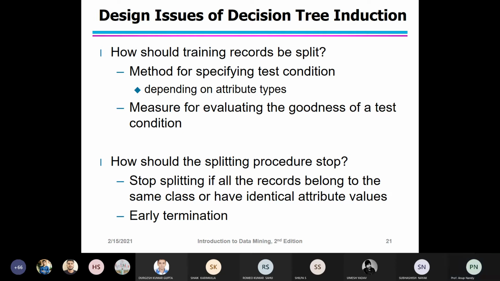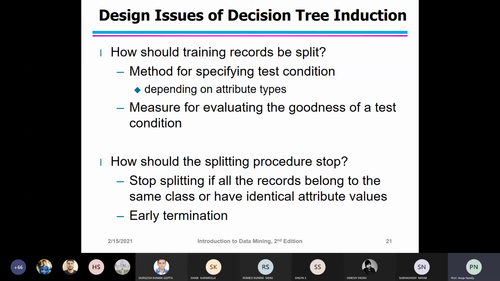Then you have to stop splitting. Now, although both conditions are sufficient to stop any decision tree induction algorithm, other criteria can be imposed to allow the tree growing procedure to terminate early.